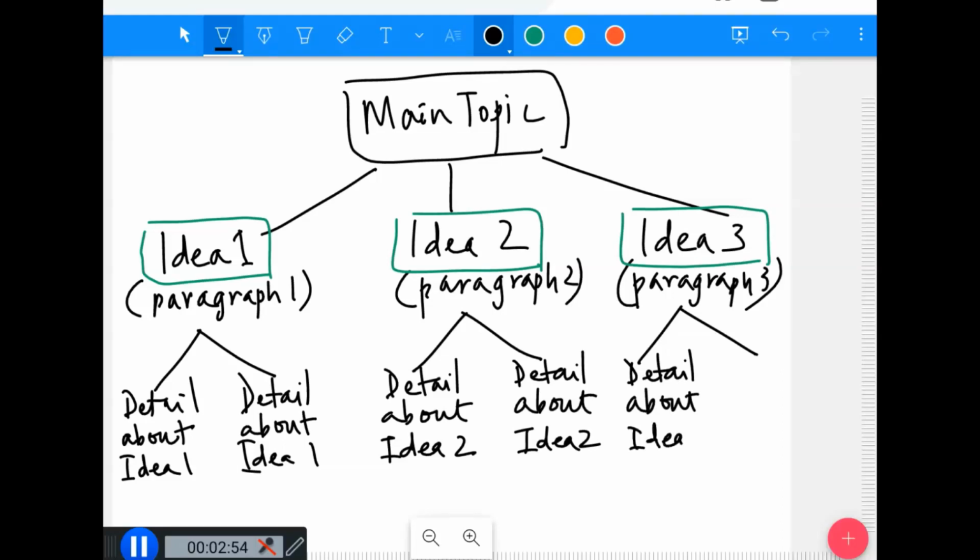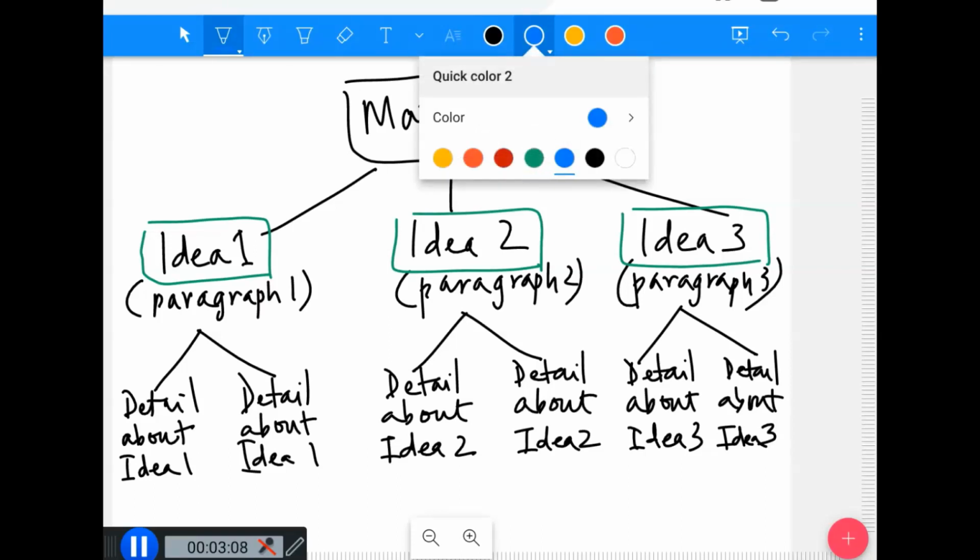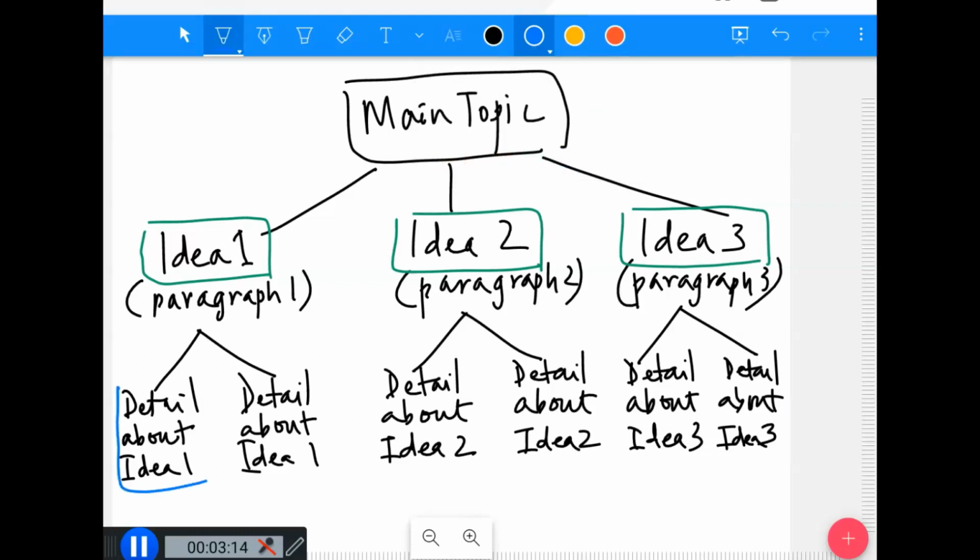We talk about at least a couple of details that describe the third idea. So that's your organizer basically. That's what you would first chart out before you get going, right? Before you actually tackle your topic. Now let's go on and look at a real example where we put this graphic organizer into action.